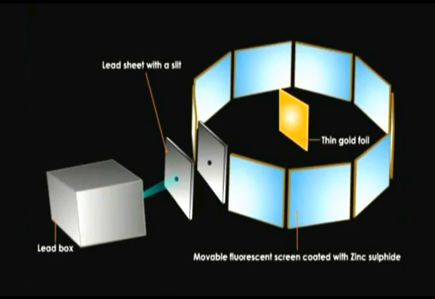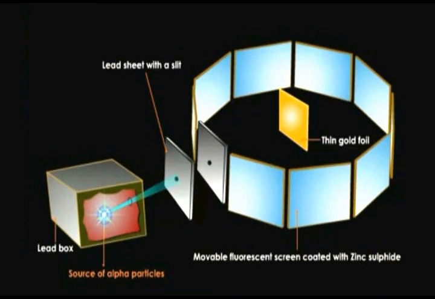This radioactive element was kept in a lead box, and the alpha particles emitted from it were allowed to pass through lead plates having some slits. And these alpha rays were allowed to fall on a thin gold foil.